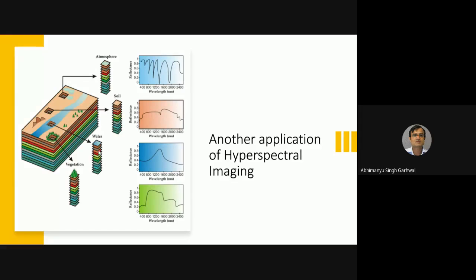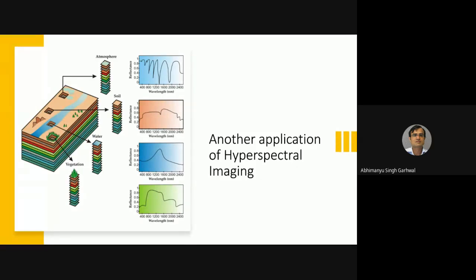Again, these are the pixels for the water, and these are the pixels for the vegetation at different wavelengths. You can see the spectral information of the atmosphere, soil, water, and vegetation is completely different. So on the basis of spectra, you can easily segregate whether this is water, soil, or vegetation.